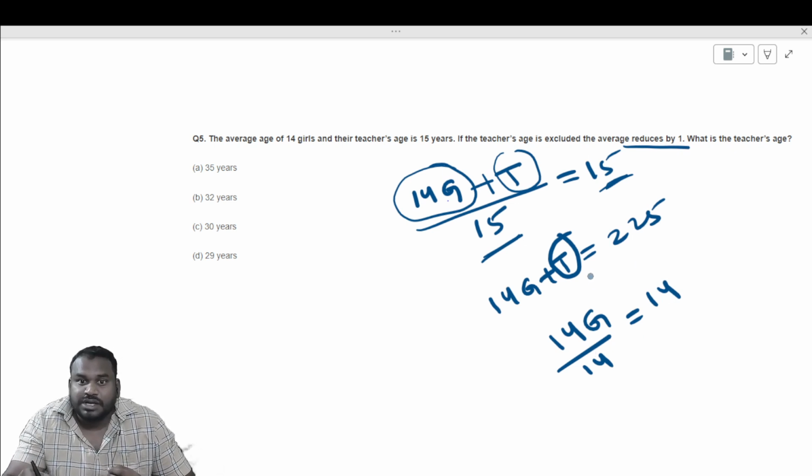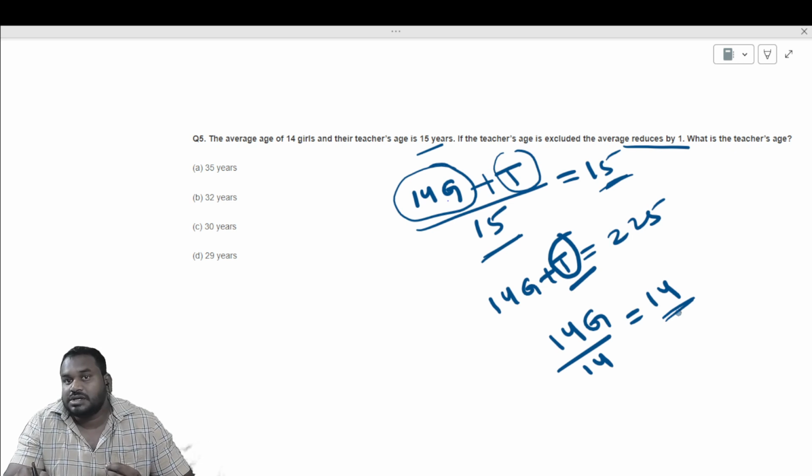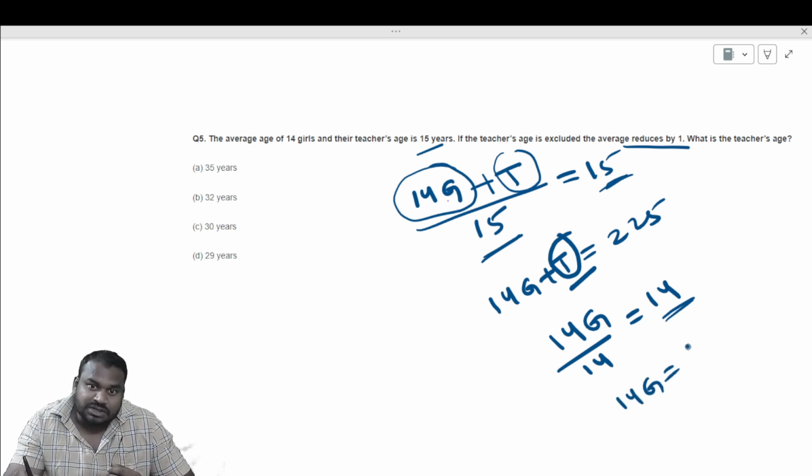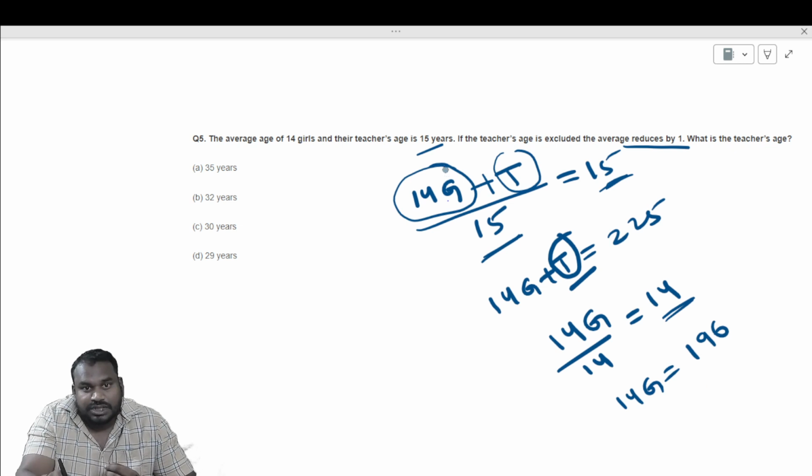I'm not adding the teacher's age. Why 14? Because the average is reduced by 1, so 15 should be subtracted by 1 to get 14. So now 14 girls' total age is equal to 14 times 14, which is 196.